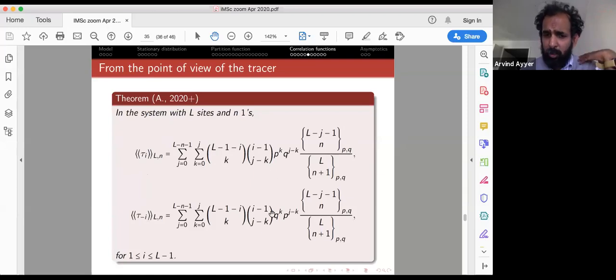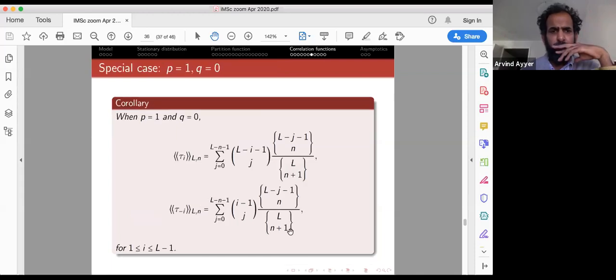The only thing different in these two formulas is that P and Q are interchanged, which also makes sense because of this reflection quasi-invariance. And when P is 1 and Q is 0, the formulas simplify considerably. You just get a single sum.